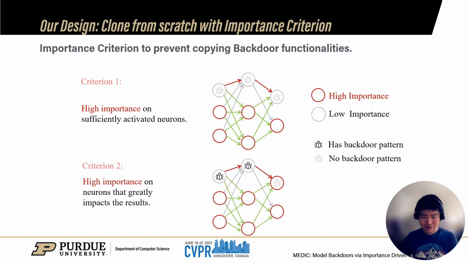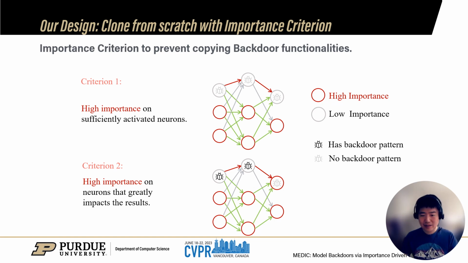Rule number 2. The neurons should have a large gradient based on the classification loss. Imagine some neuron is important for benign classification, so it means the output will change according to the neuron, right? This suggests a large gradient. Under the right-hand case, suppose, unfortunately, some benign samples possess a backdoor-related feature.